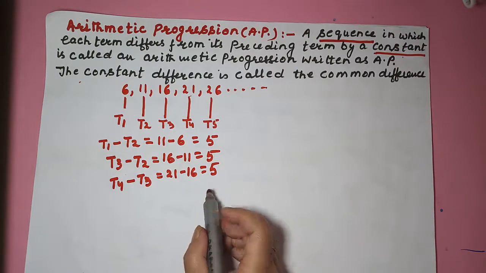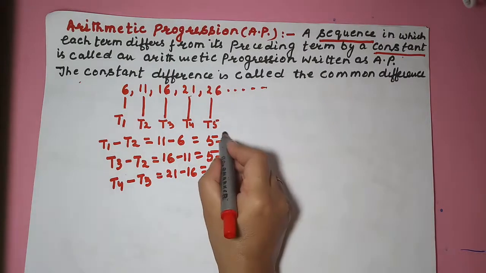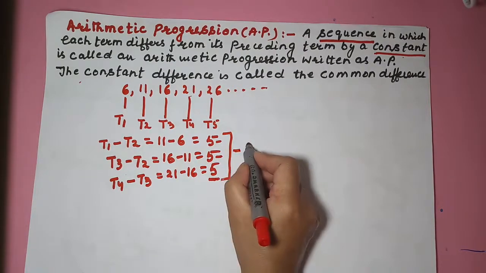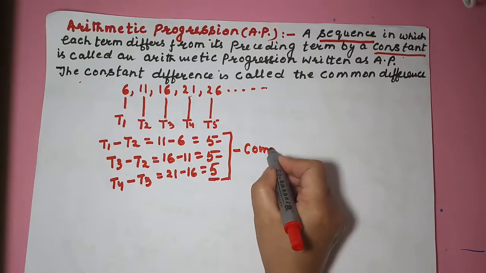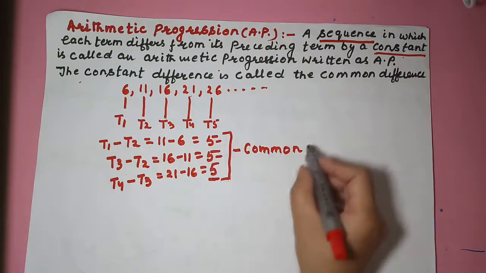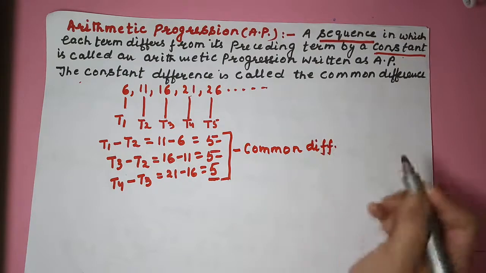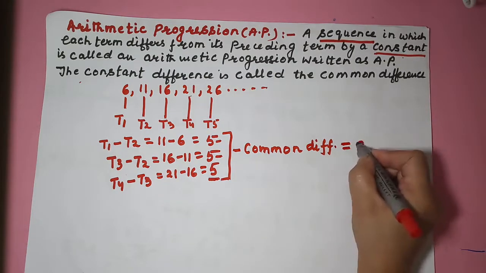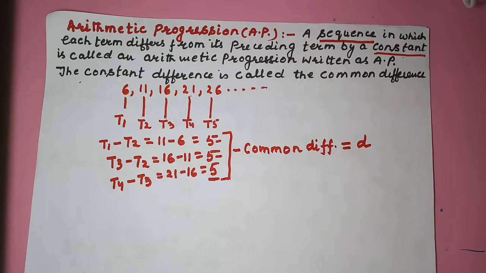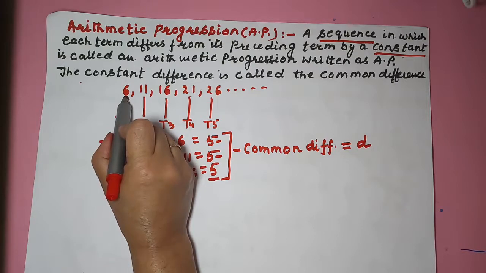And the constant difference, you see this constant difference, 5, 5, 5. This constant difference is called the common difference. Right? The name given to this constant difference in arithmetic progression is called common difference, and this common difference is denoted by small d. Now here you see that 6 is the first term of this progression, right?